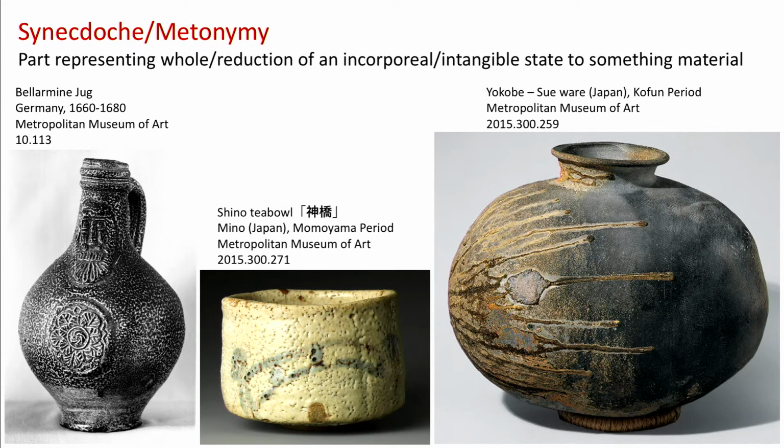So this first slide here is about synecdoche and metonymy, and you may remember from somewhere back in grade school what these terms mean. Both of them have the general idea of using a part to represent a whole or some sort of reduction in representation. If you look up synecdoche in Wikipedia, it gives you an example of when referring to soldiers, you talk about boots on the ground, right?